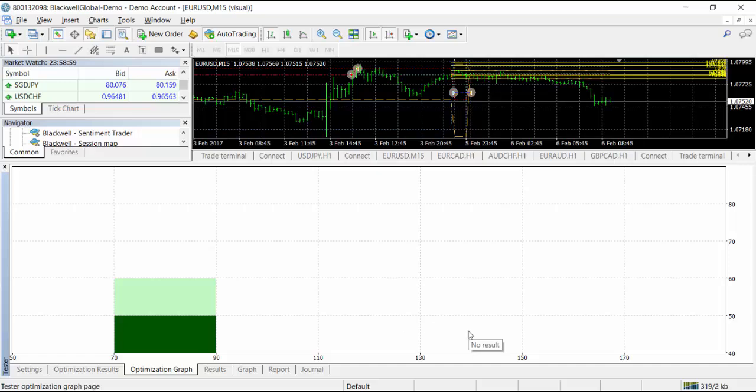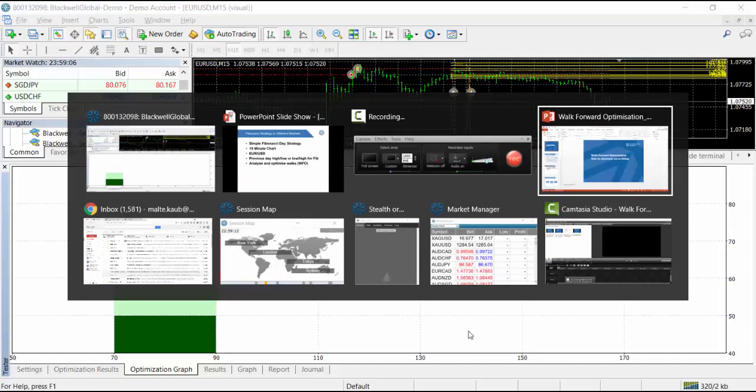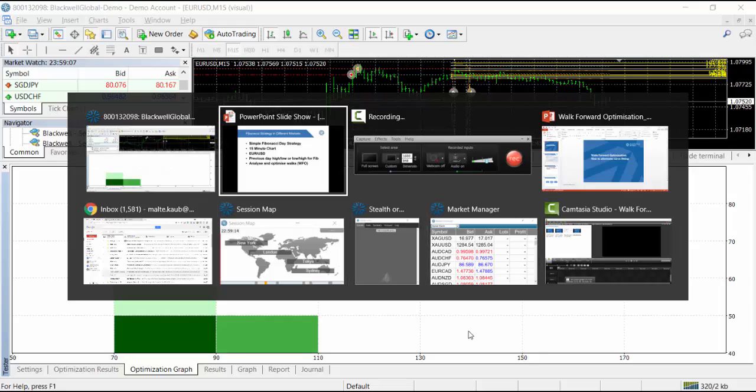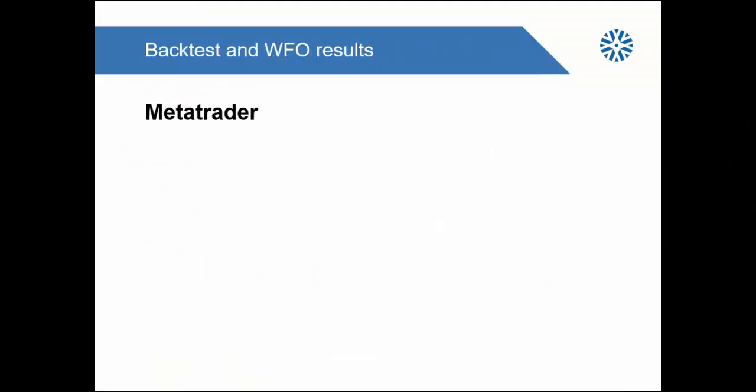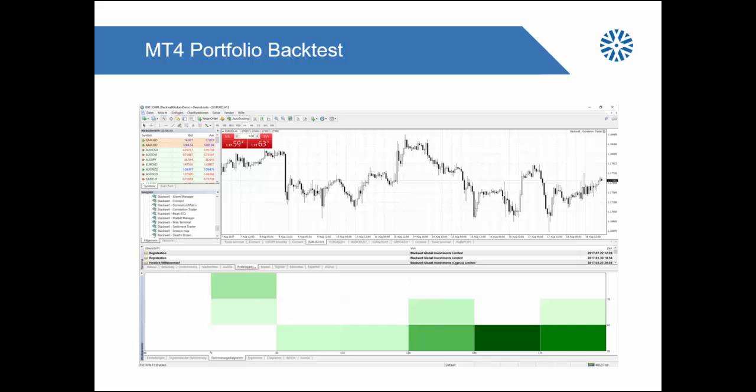I have done this analysis before, and let me show you a screenshot. I'm showing you the screenshot now, and it's pretty small, so let me articulate what you see.